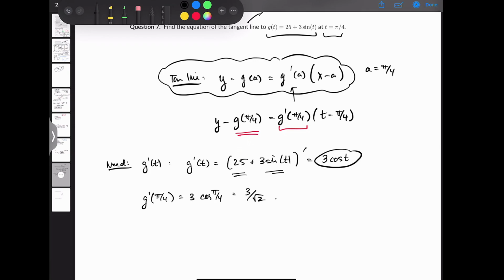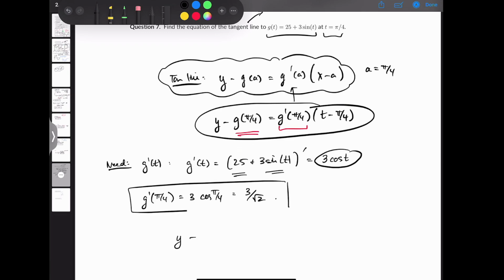So now we go back to our equation of the tangent line, the line that will approximate this function. Y minus g of pi over 4. We've got this for g prime. G of pi over 4 is 25 plus 3 sine of pi over 4.